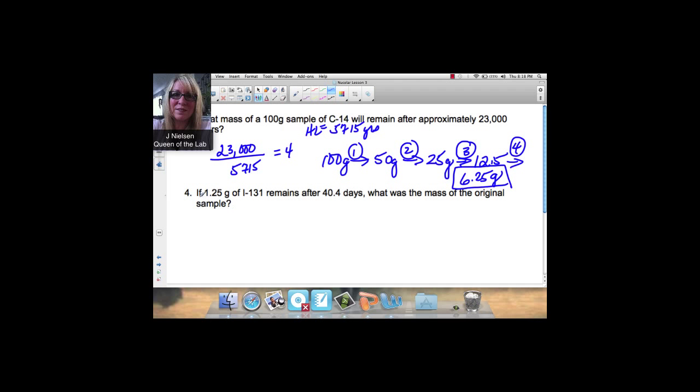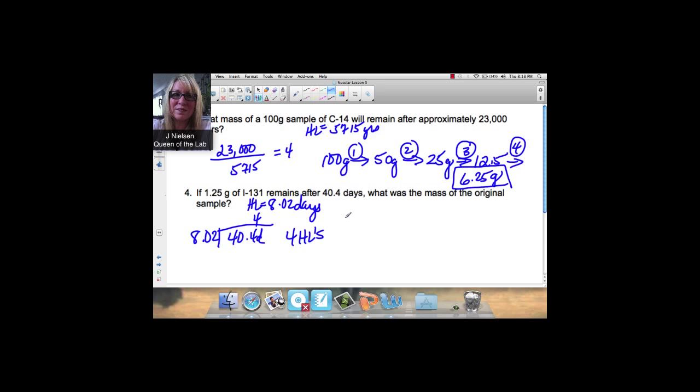Okay, last problem. 1.25 grams of iodine-131, which has a half-life of 8.02 days. After 40.4 days, what was the mass of the original sample? We want to figure out how many half-lives took place. 40.4 days divided by the half-life of 8.02. And this should give me 4. And it does. So 4 half-lives.